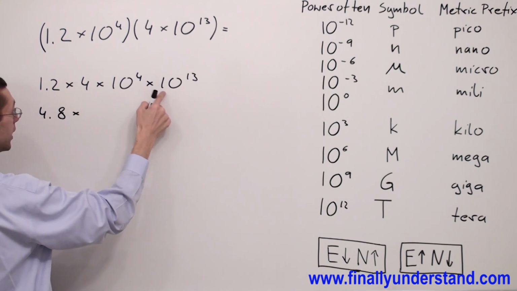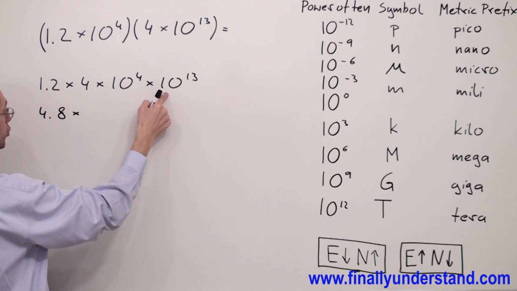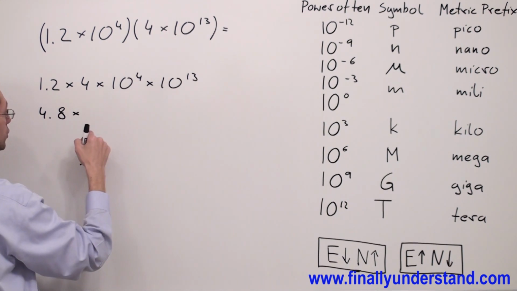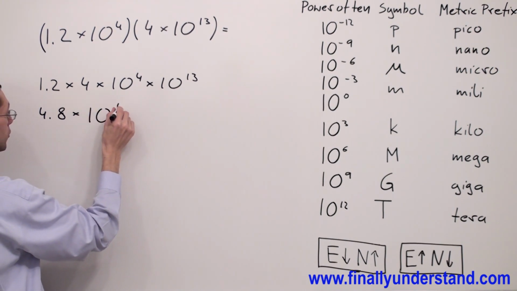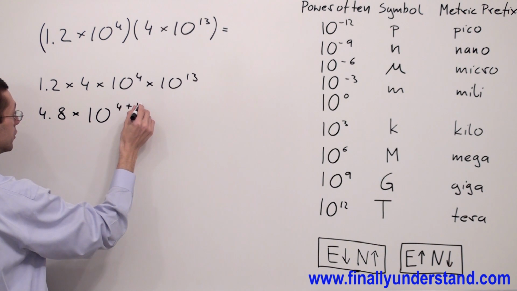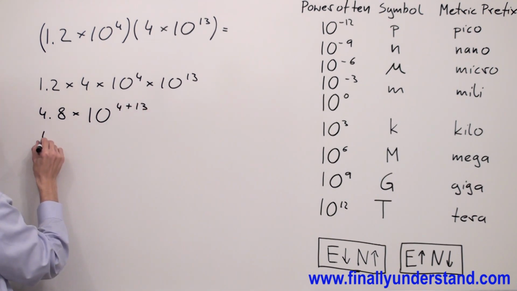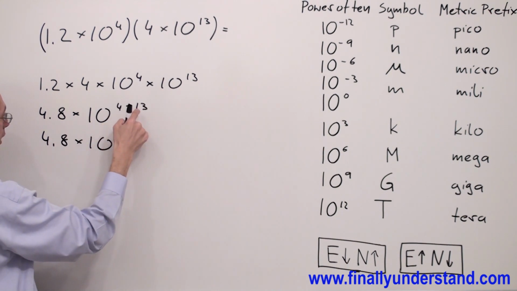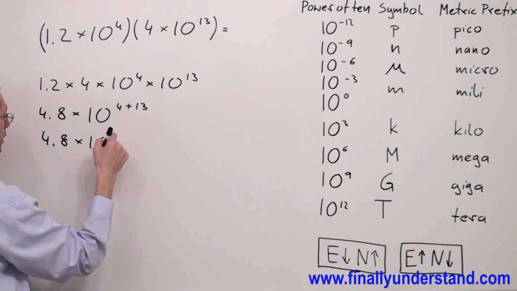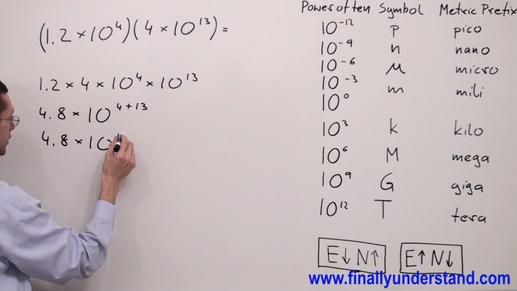Anytime you multiply numbers with the same base, you're supposed to keep the base and add exponents. That's why I'm going to have 10 and 4 plus 13. So I have 4.8 times 10, 4 plus 13 is equal to 17.